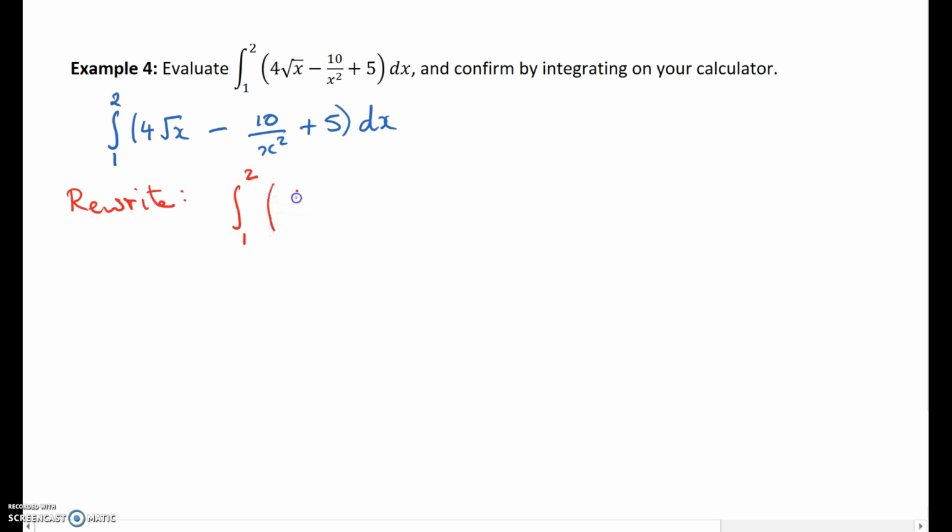So that's going to be 4x to the power of 1/2 minus 10x to the power of minus 2 plus 5 dx. Now we haven't integrated yet, and we're going to do that right now. So remember, when you integrate, that elongated s symbol is going to go away.